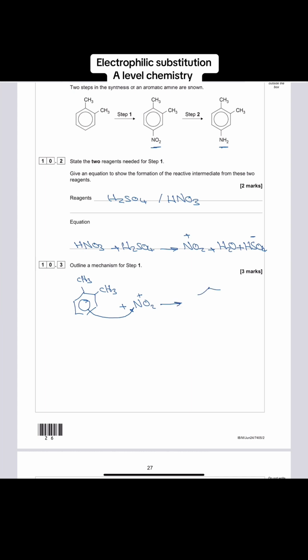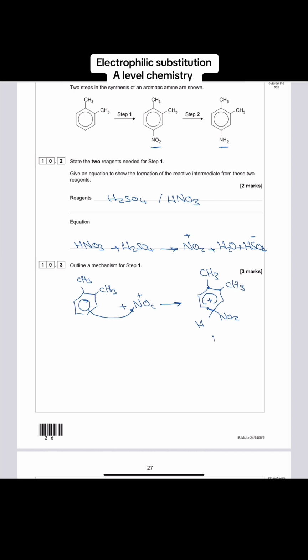And don't forget that you need to write the ring open with a plus charge inside, and then you add the NO2, and don't forget the hydrogen as well, and also don't forget the two methyl groups in the correct position.